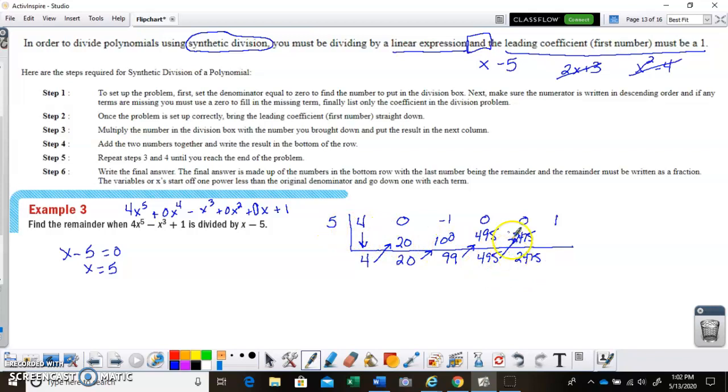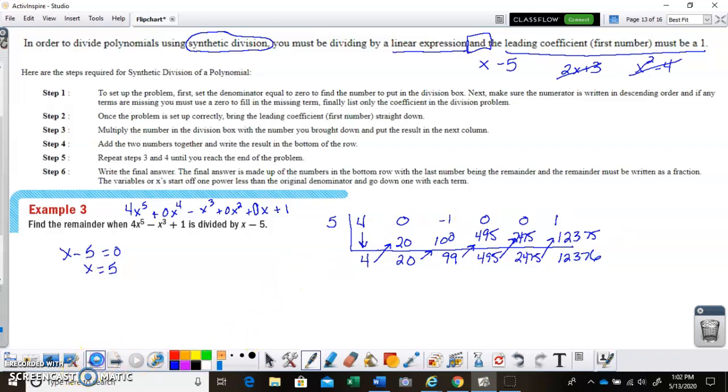Now I have to do 5 times the 2475, and that gets me 12,375. And then we actually add those two things together. So we get 12,376. Anybody recognize that number?